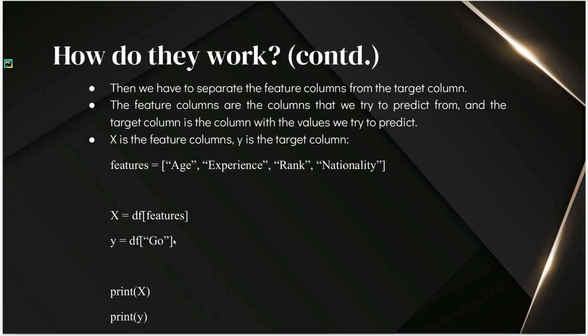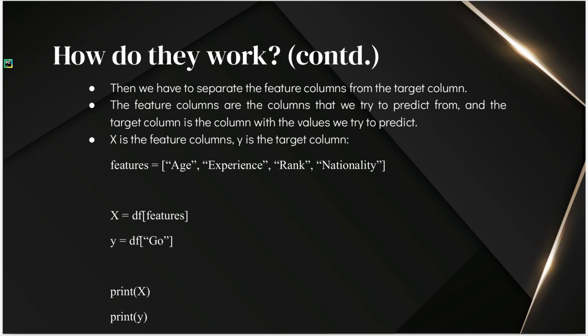Okay, now as you probably have seen in the previous videos, we have the feature vectors and the response vectors from the dataset. So we have to separate the feature columns from the target column or the response column. The feature columns are those columns we try to predict from, and the target column or the response column is the column which has the values we try to predict.